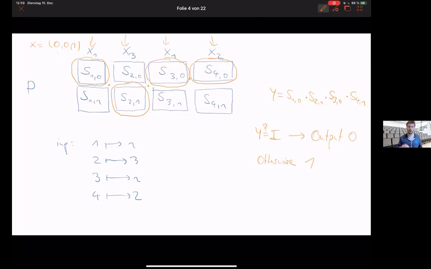And now you multiply this matrix S2,1 directly on top and remember the result, right? Now you go to the next position. There you have S3,0. Also multiply that on top, and last S4,0. So you can really compute these branching programs in sort of a streaming fashion.